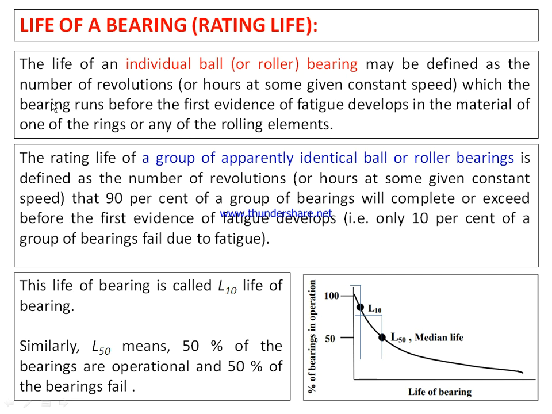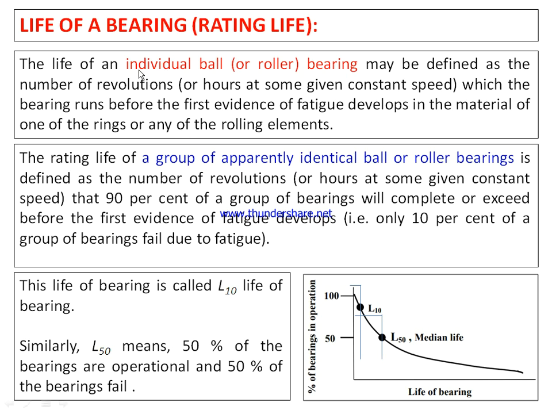So here, what is the life of a bearing? Life of a bearing is nothing but the number of revolutions or the number of hours completed before the first fatigue failure occurs, meaning the micropit occurs in any element of the bearing.